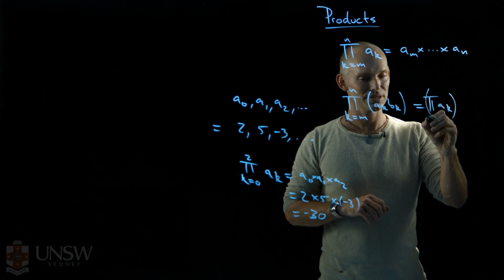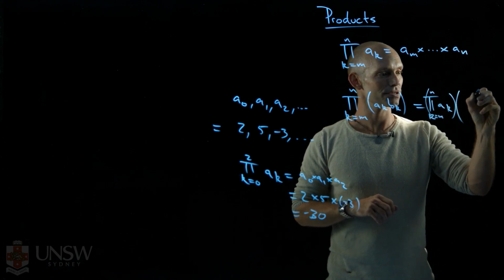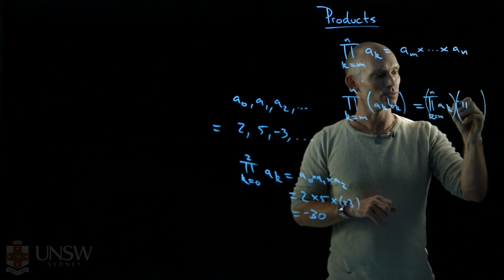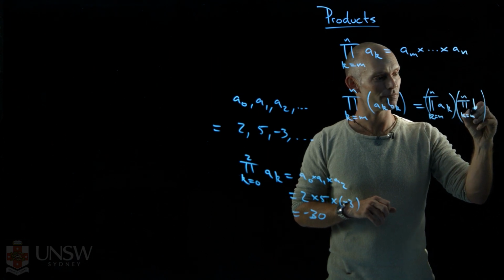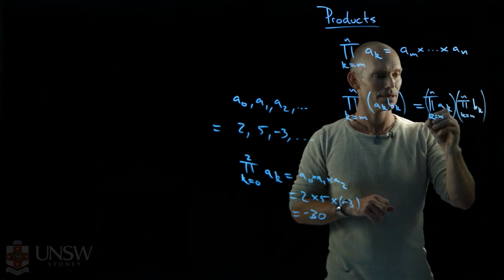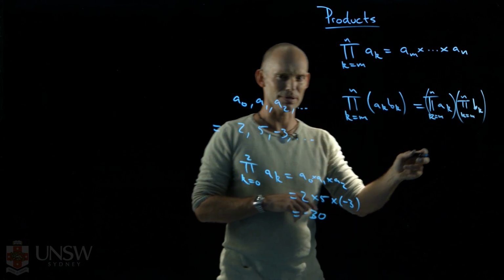So this product here, where k is going from M up to N, times this product there, where we have the same indices there, except that we have BK there. And it's a bit messy there.